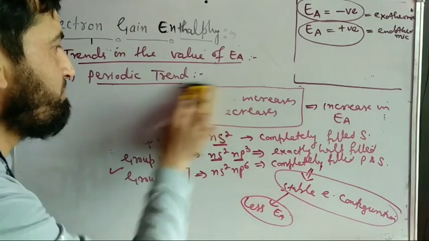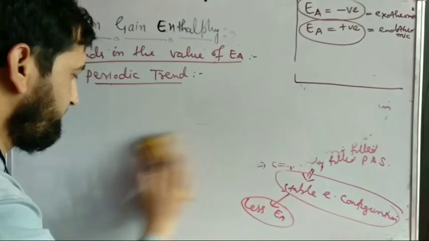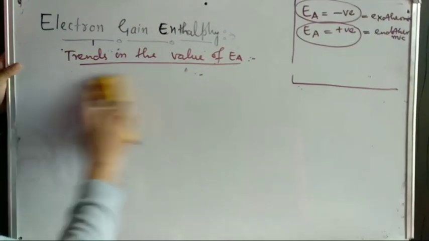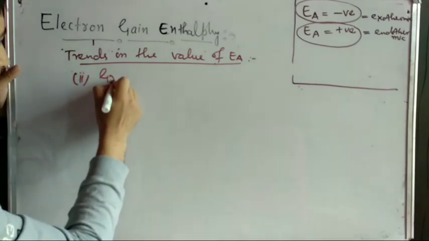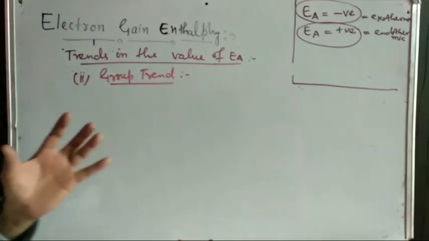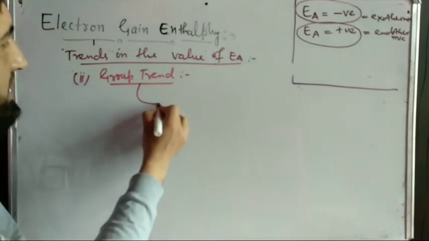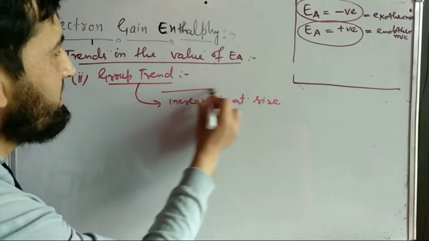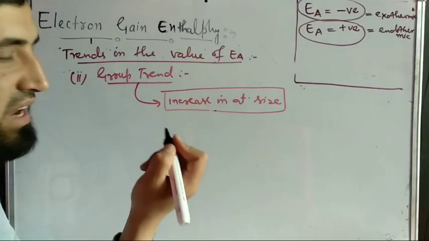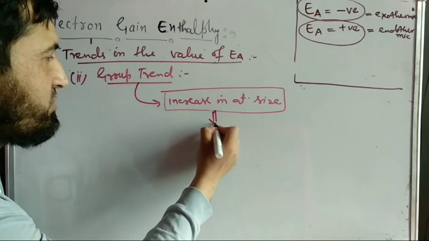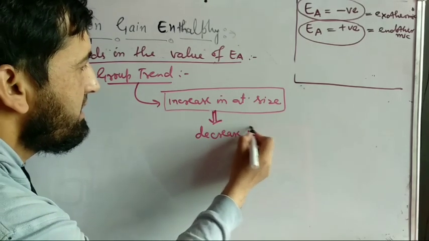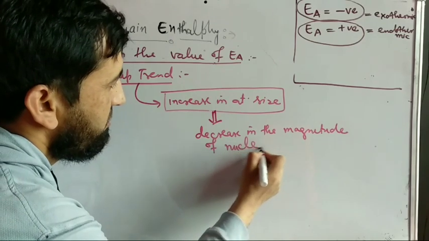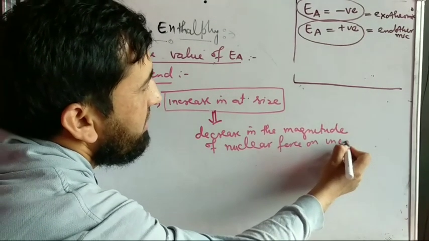Now we will discuss the group trend. When we move down the group, there is an increase in atomic size and an increase in the screening, and both these factors lead to a decrease in the magnitude of nuclear force on the incoming electron.